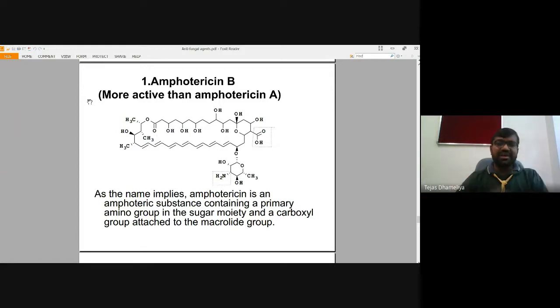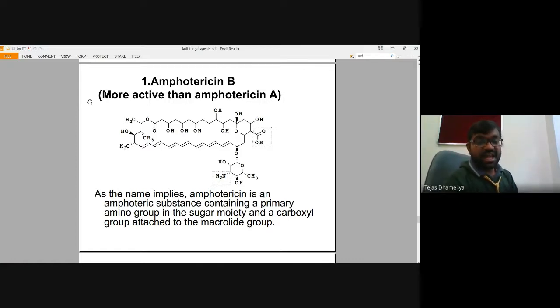It is obtained from extracts of Streptomyces nodosus, the biological source from which amphotericin B is obtained.